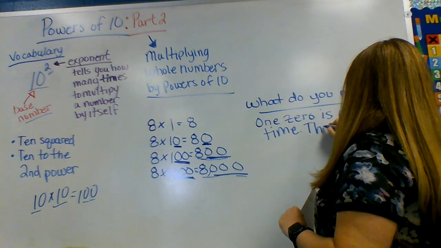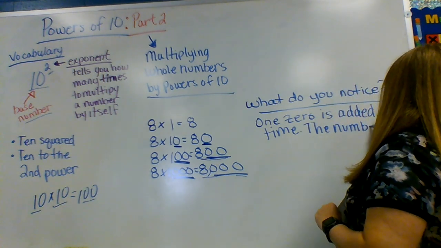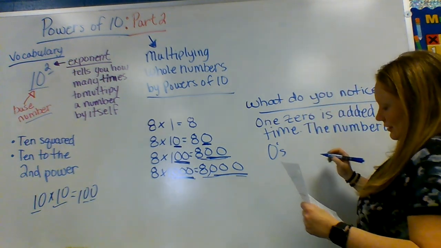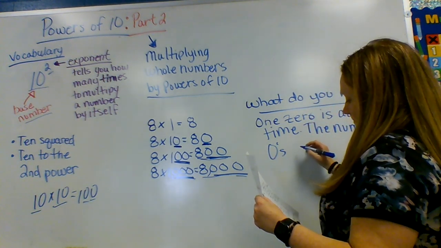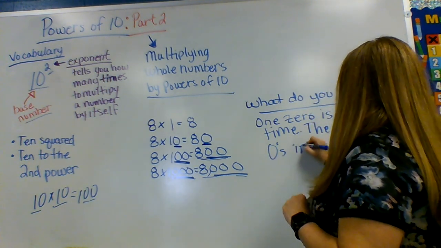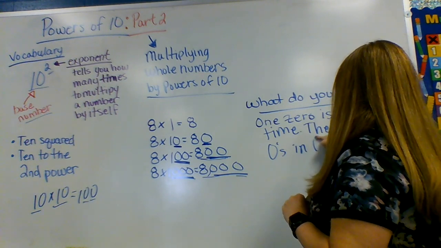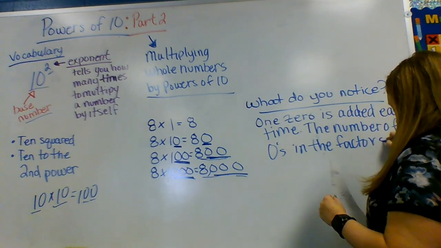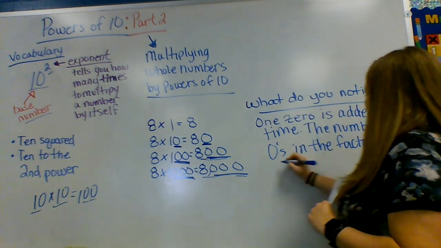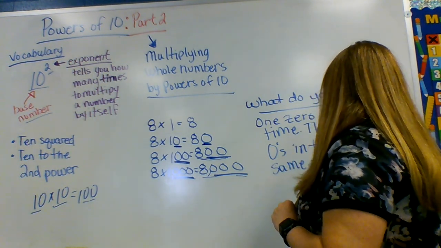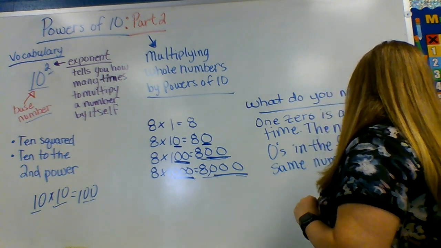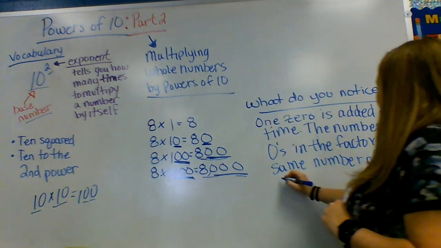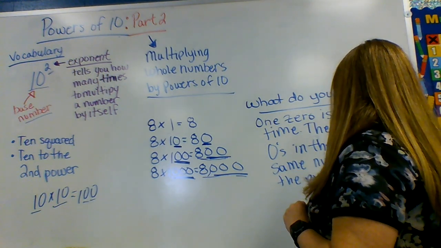The number of zeros in the factors is the same number of zeros in the product, which is the answer.